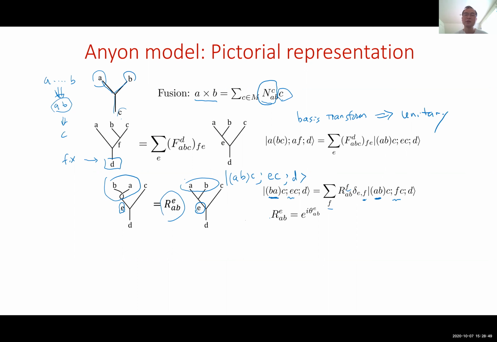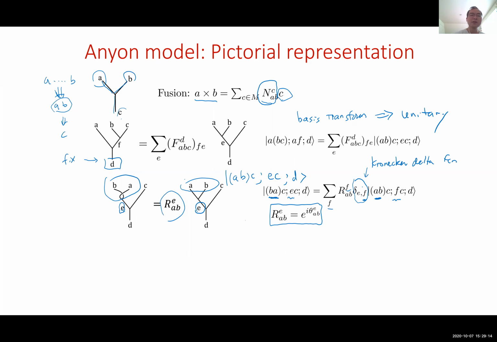However, for these, exchange or braiding, this is just a number that's diagonal. So I'm just indicating that this is a Kronecker delta function, meaning that if E equals F, then it's non-zero. If they're different, it's zero.